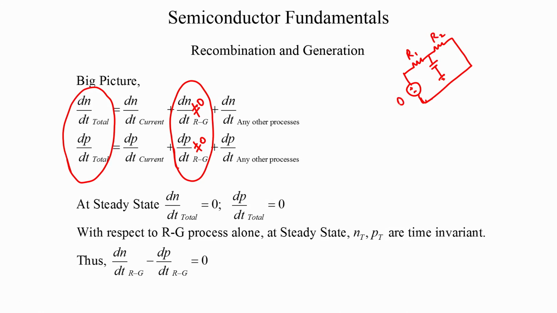Equilibrium condition means that this voltage source is 0, which means there is no voltage, there is no current through the circuit, everything is balanced out. In fact, there is a lot of movement of electrons inside your resistor, in both directions, but the flux is so well balanced out that there are no currents in any of these elements. So, that is the equilibrium condition.